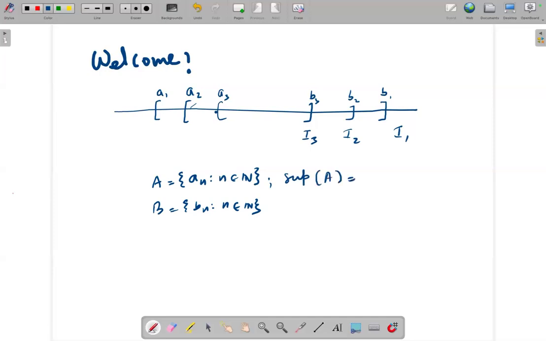We call it alpha. And similarly, all those b_n's are bounded below by the a_n's, so I have an infimum, call it beta.